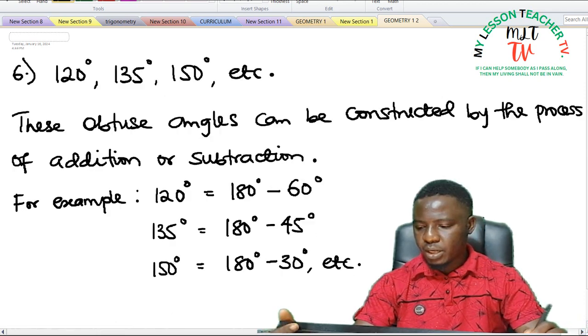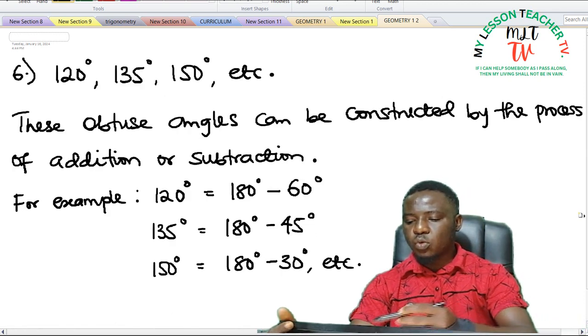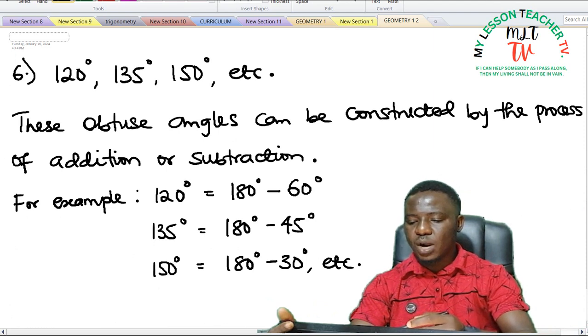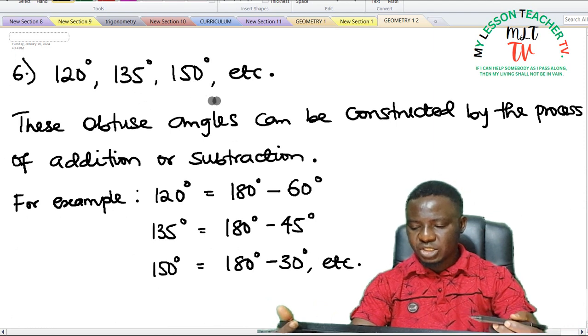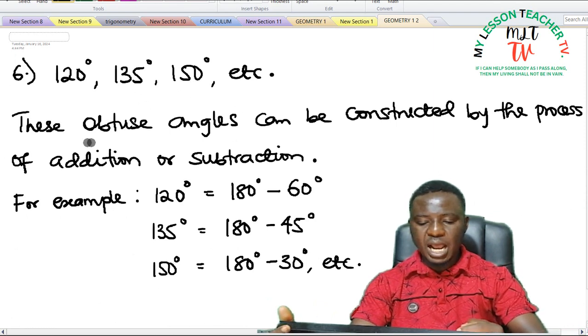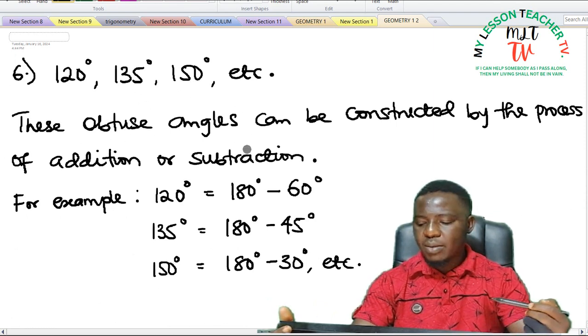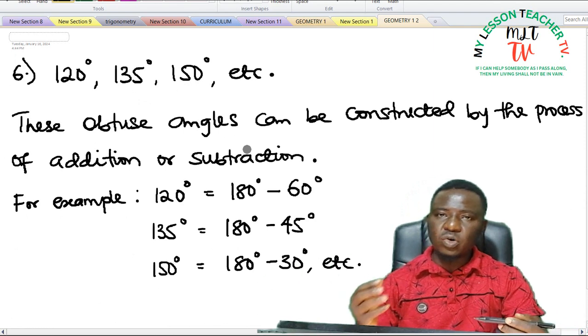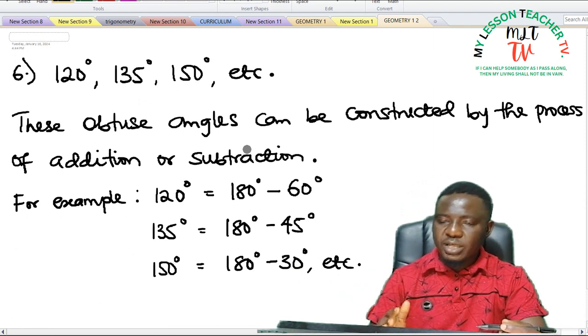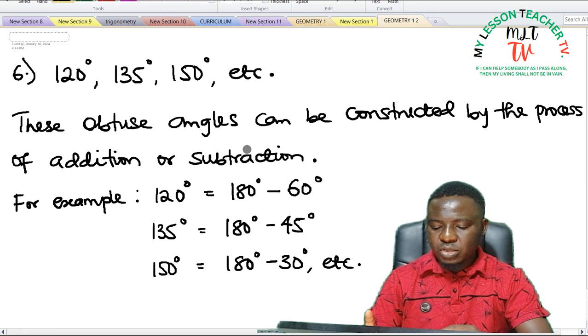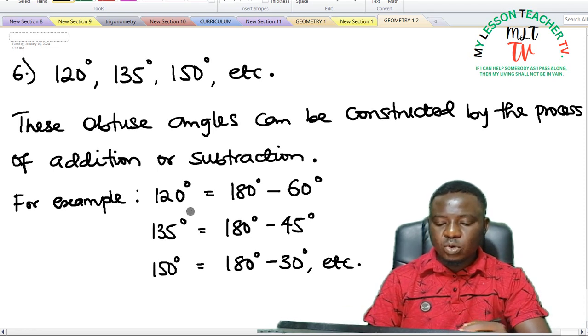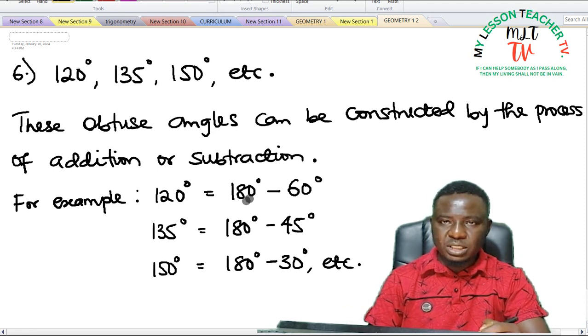So for us to construct 120 degrees, 135 degrees, and 150 degrees, etc., we said these obtuse angles can be constructed by the process of addition or subtraction. For example, 120 degrees, we said, is equal to 180 minus 60 degrees.